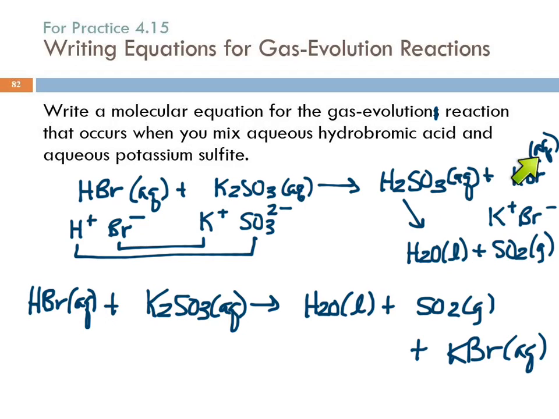Because if we just form two aqueous products, there's no reaction occurring. But there is a reaction here because what we really end up with is a gas and a liquid. Those are two new substances. Are we done? No, it's not balanced, is it?